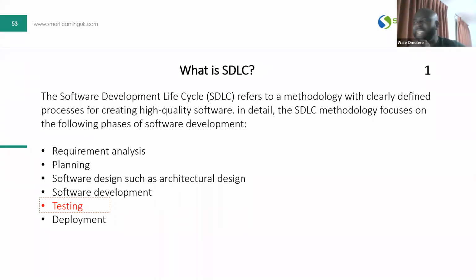SDLC refers to a methodology for clearly defining the process for creating high quality software. Whether it's a mobile application or a web application, the software development lifecycle is a defined process: what you will do first, and what will follow until the time that you deploy the application.